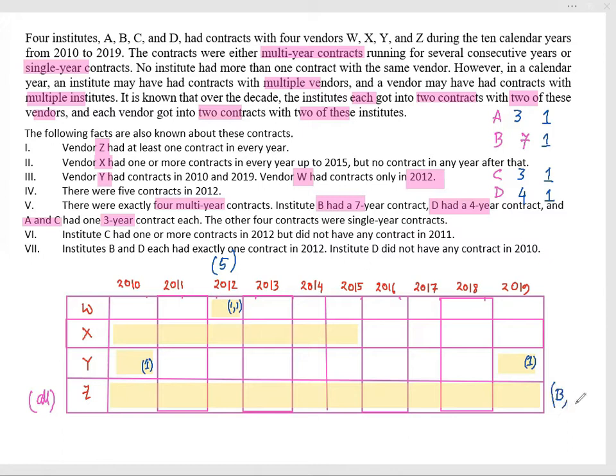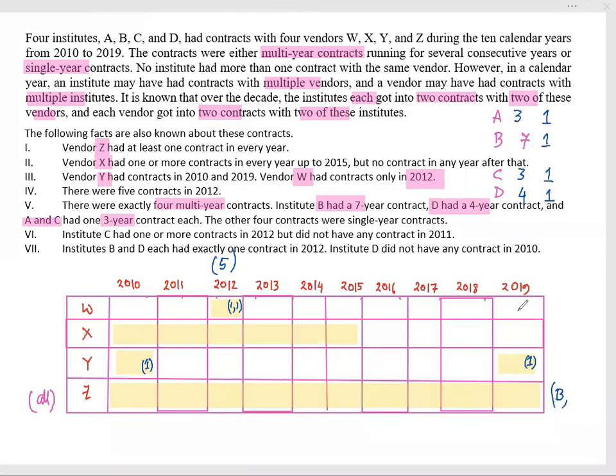One of them needs to be B. Other institutes besides B can be any of A, C and D. And in the case of X, I can find that 2 of A, C or D will be present. This way the contracts will be divided.